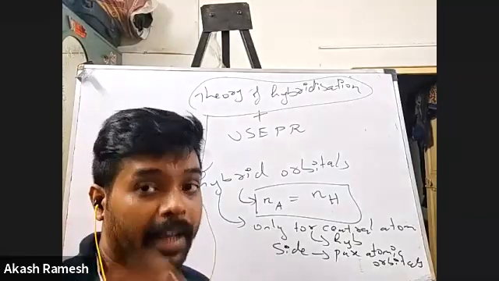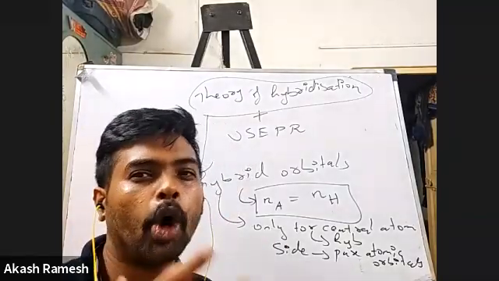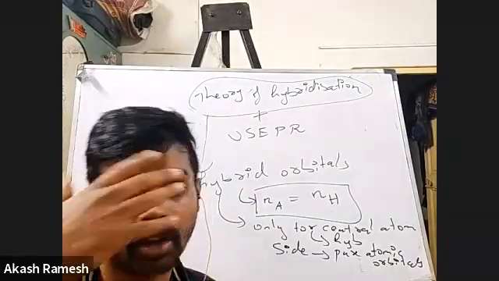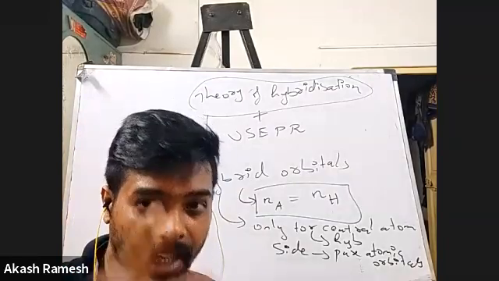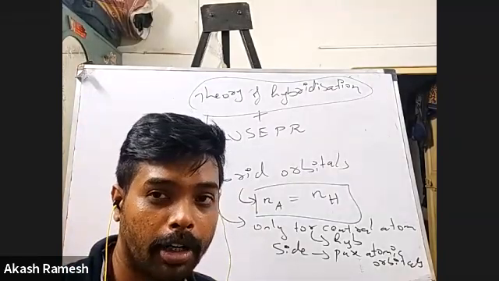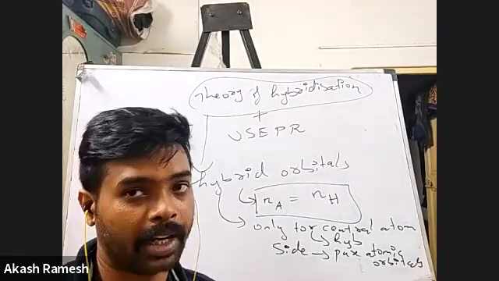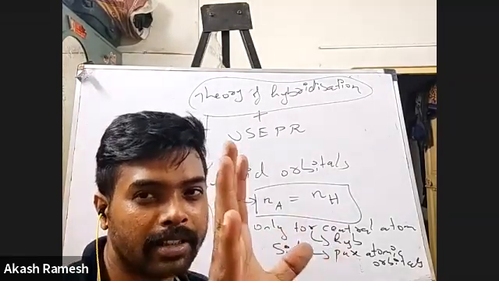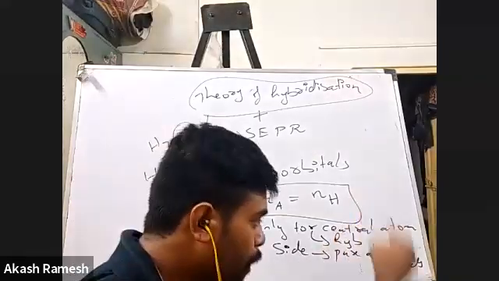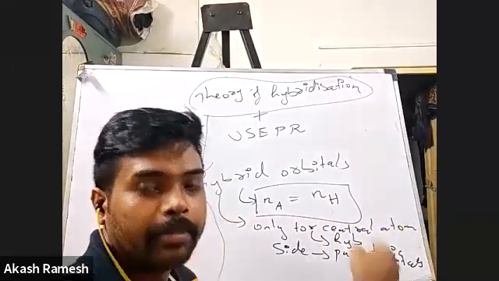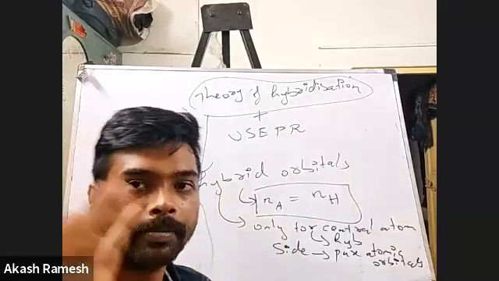Fine. So here also I'm going to see some overlap, right? Just like in VBT, where the pure atomic orbital of the central atom and the pure atomic orbital of the side atom were combining, here the only difference is that the hybrid orbital of the central atom and the pure atomic orbital of the side atom will overlap to form a sigma bond.